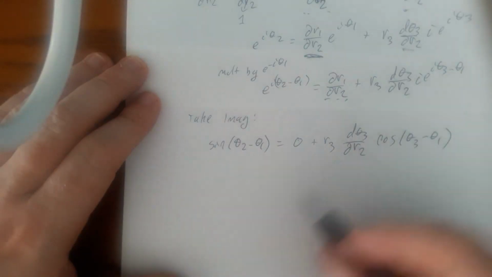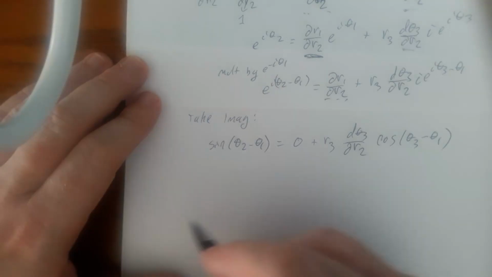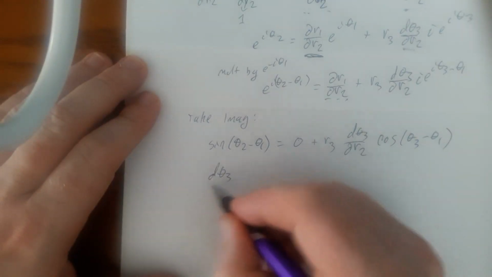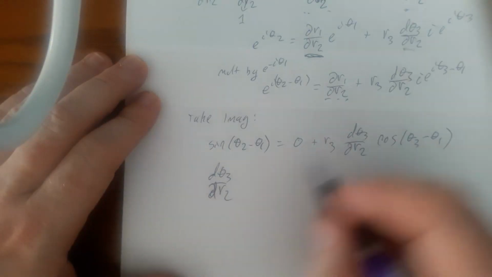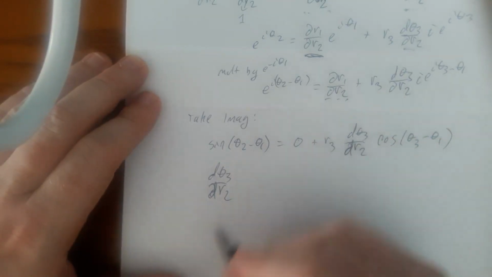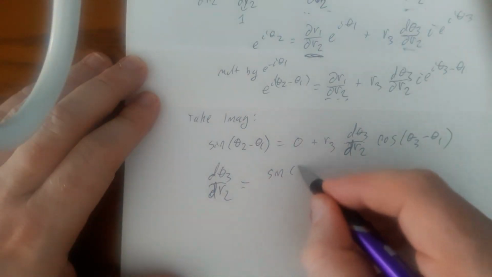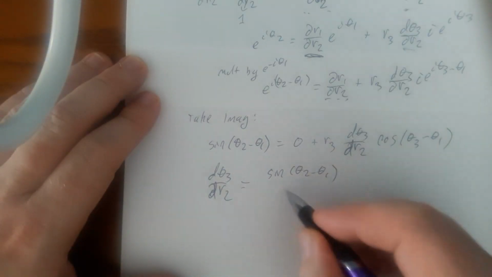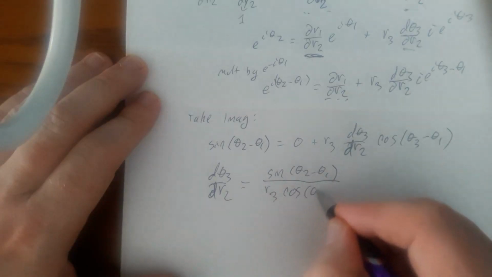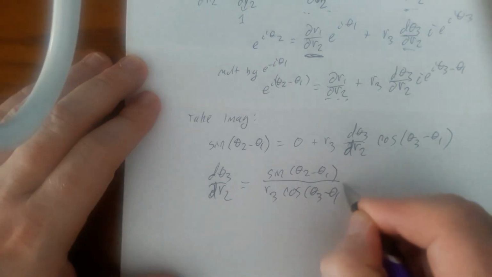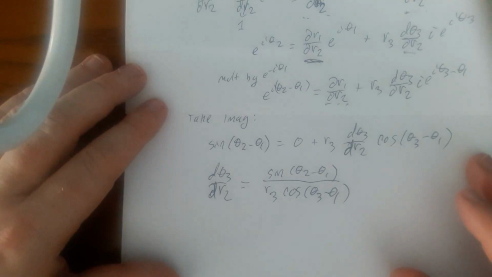And so we can just isolate the d theta 3 dr2, and that will give us d theta 3 dr2, should just be a regular d, is equal to sine theta 2 minus theta 1 divided by r3 cosine theta 3 minus theta 1.